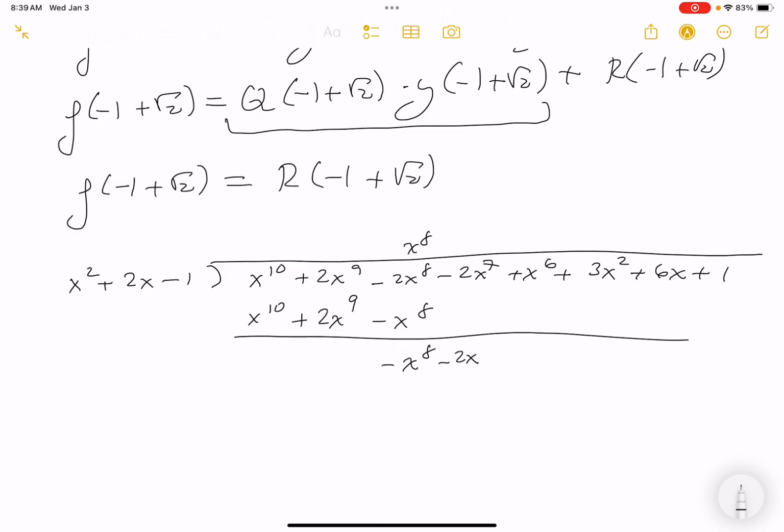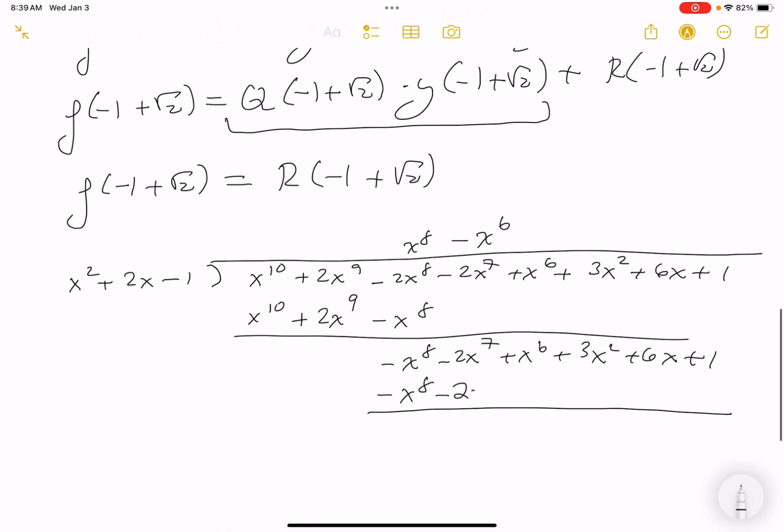So minus 2x^7 plus x^6 plus 3x squared plus 6x plus 1. And I'm going to say minus x^6 now. Minus x^8. That matches. And then you get minus 2x^7, and then you're going to get plus x^6. Well, isn't that convenient?